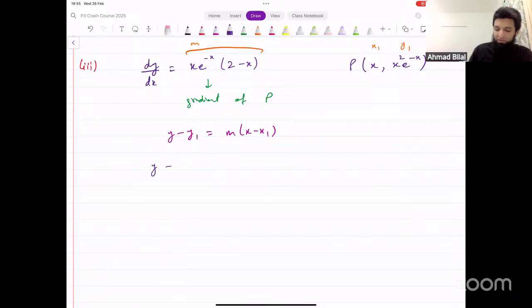Let's write this down. What do we get? y minus y1, which is x squared into e power minus x, equals m, which is x e power minus x times 2 minus x, times x minus x.